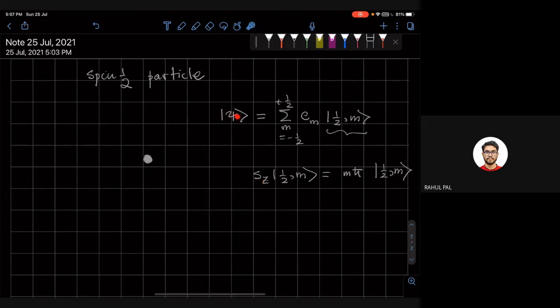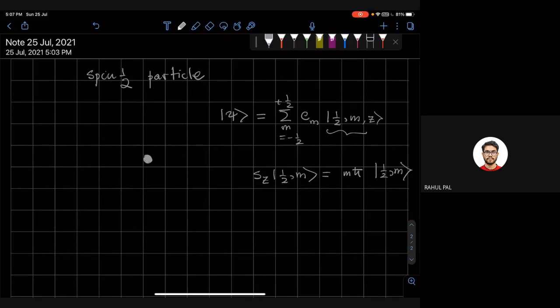Whether or not it is an eigenstate will depend on these coefficients. So, is there something special about this? Let me change the notation a little bit so that you know that it's in the z basis. So I'm going to put in the z here, right?